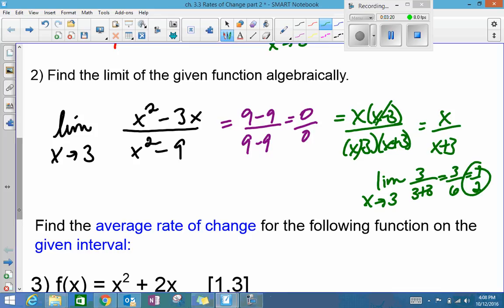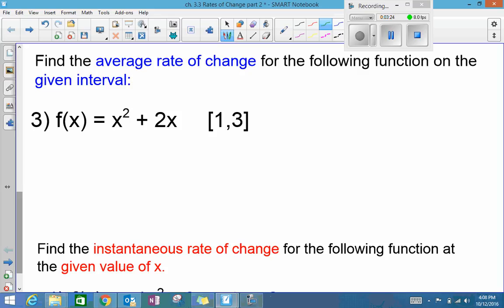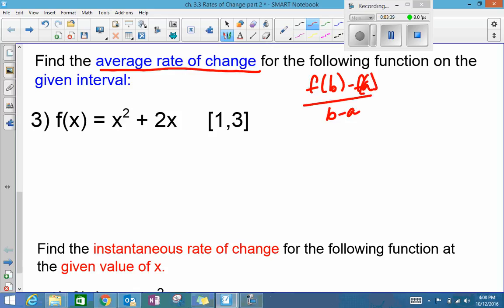Okay? Next, we find the average rate of change for the following function on the given interval. So again, this relates to last night's homework. So we want the average rate of change. The average rate of change is f of b minus f of a over b minus a. So for this function, our a is 1, our b is 3.